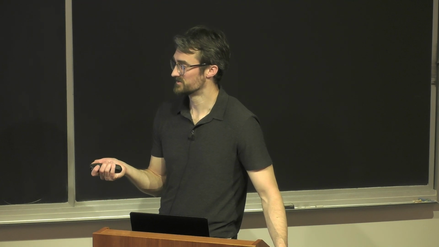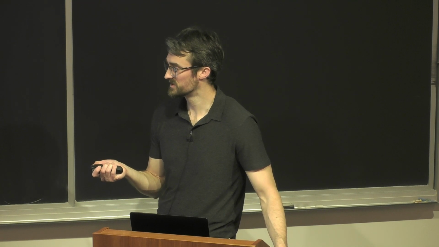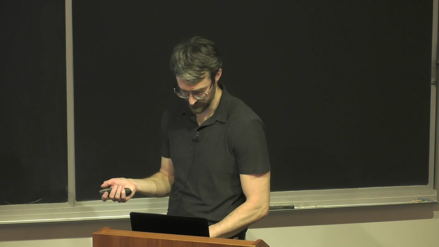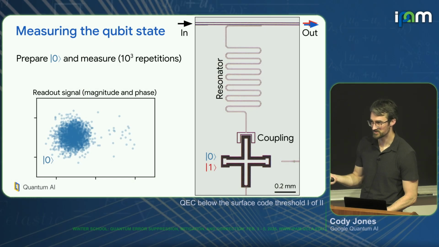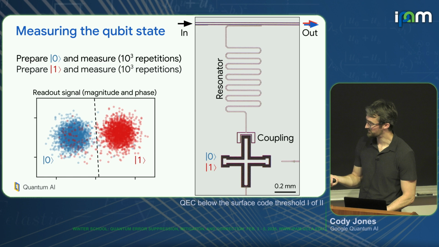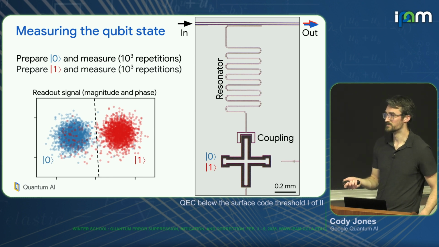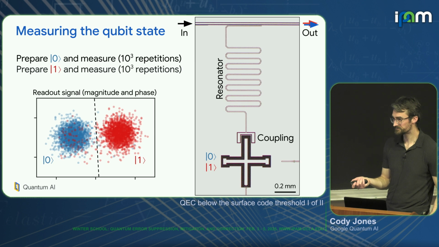Something that you can see here that is an interesting part of the story is, let me go back a little bit. Okay, so there's a little bit of blue over here, right? So sometimes a 0 looks like a 1. But if you go forward and look at it, actually, there's more red on the wrong side than blue on the wrong side. And that is because of T1 decay.